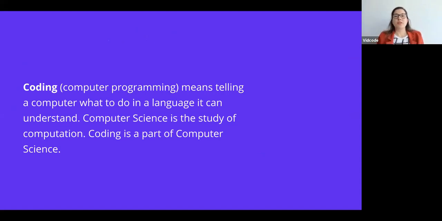So, coding versus computer science is a topic that I like to bring up right away when we're talking about standards. Coding really means telling a computer what to do in a language it can understand. And computer science is the study of computation, and coding is a part of computer science.